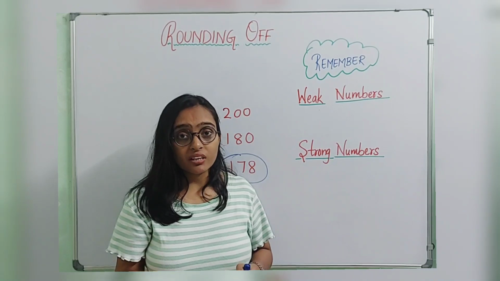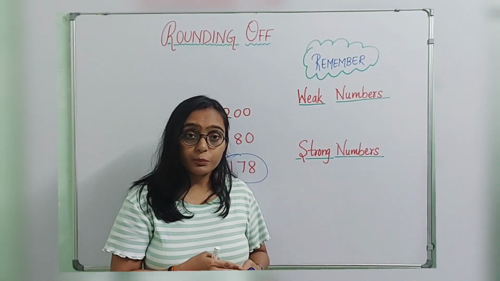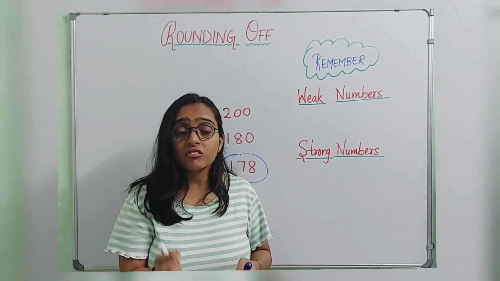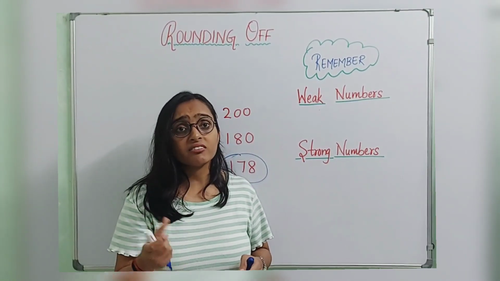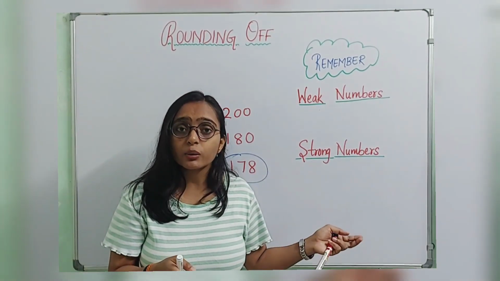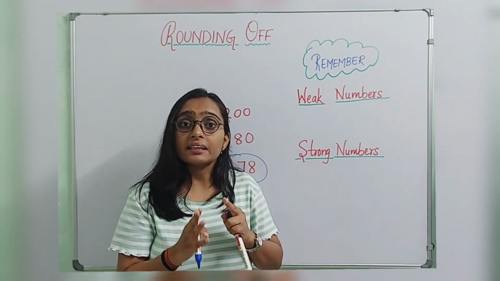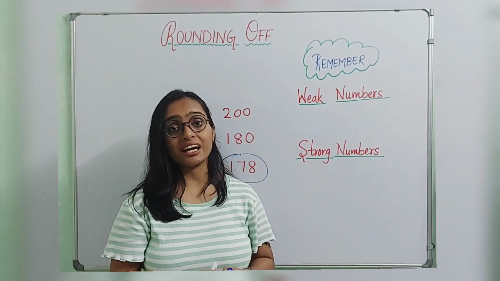But if somewhere we want to find the exact or precise value of something, there we use the exact value. But if it is not required, like saying okay, roughly this much is the value and roughly this much is the distance from Mumbai to Pune, in that case we use approximation.